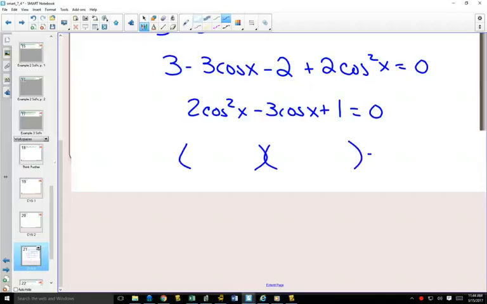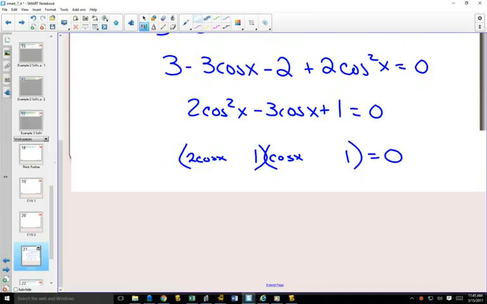Now, as far as factoring this one goes, so if I was trying to factor this, not knowing whether or not it were possible, the only way that I could get 2 cos squared is if I had 2 cos and cos to start with. And the only way to get a last term of 1 is if I had a 1 and a 1, either both positive or both negative.